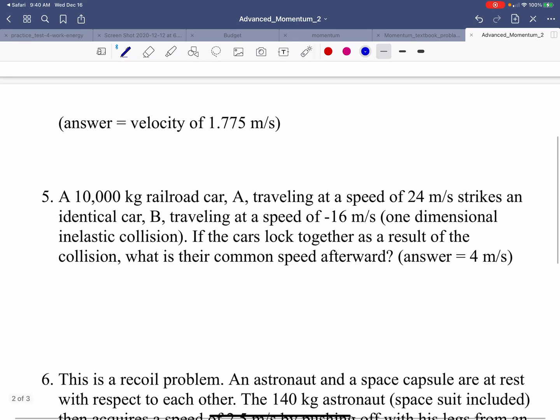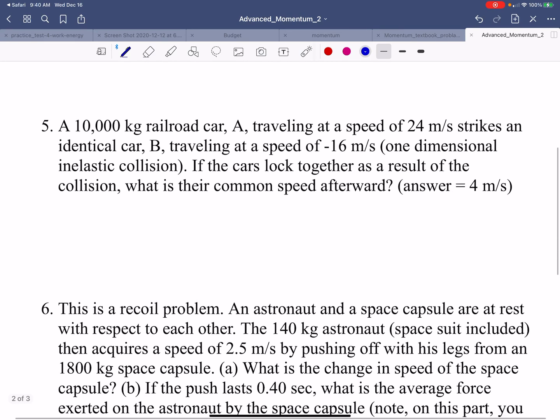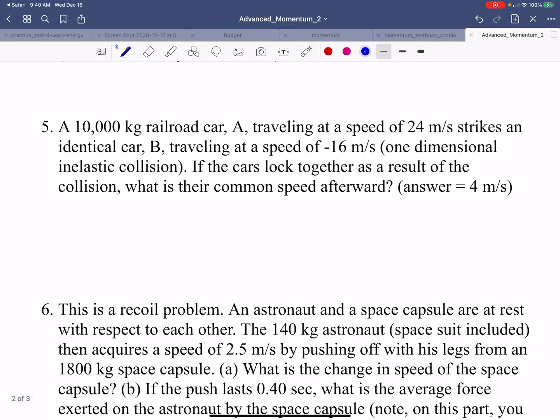Number 5. Here we will have object A colliding with object B, and they are going to stick together, and we're trying to figure out which direction they go and at what speed. So this is sort of a picture of how it will look.